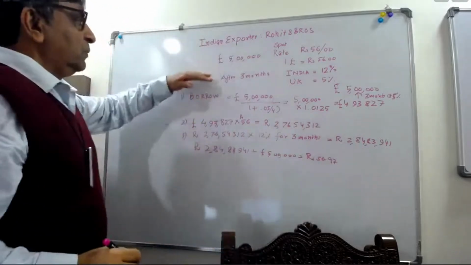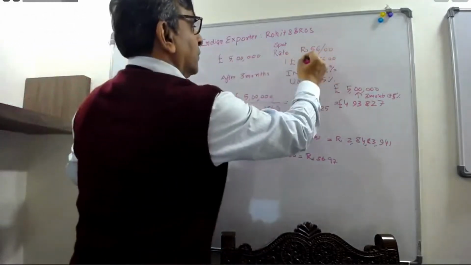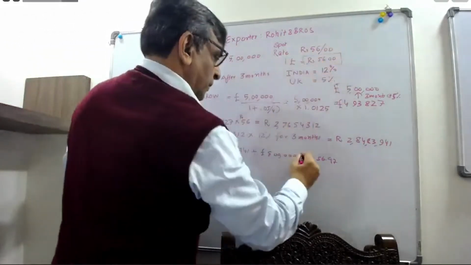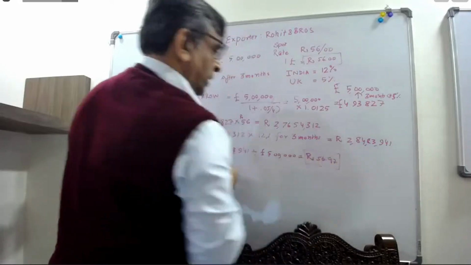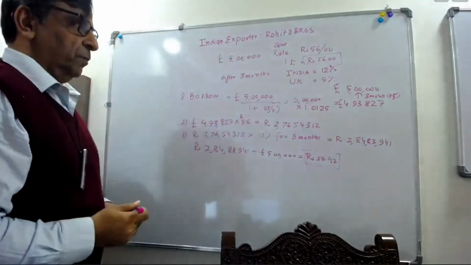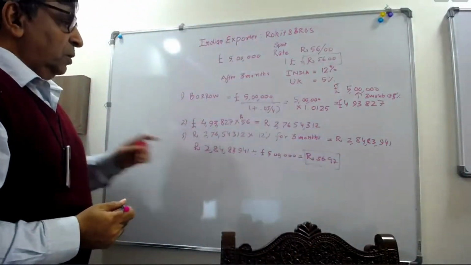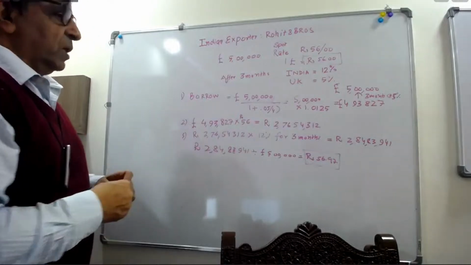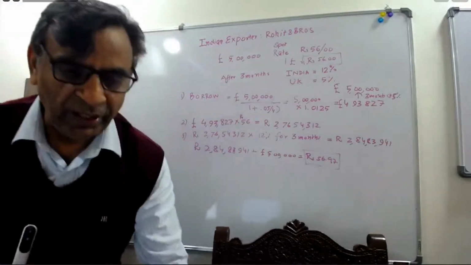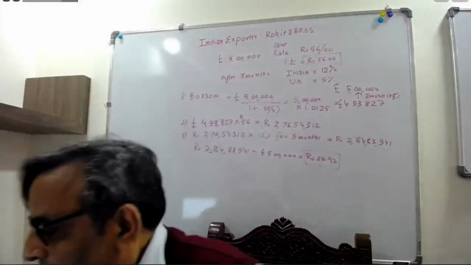The spot rate was 56. This is the rate at which he has got his money by using the money market hedge. So this is the answer, basically. He is hedging himself using the money market hedging technique.